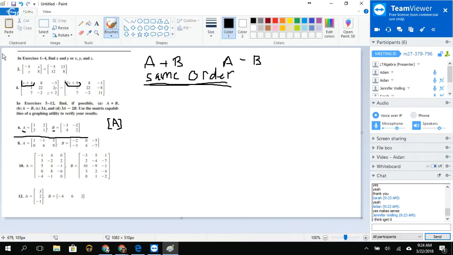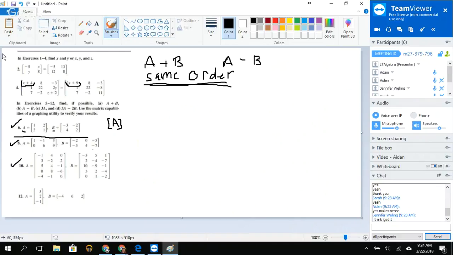If I look down my examples here, number 6, I have a 2 by 2 and a 2 by 2 that I'm adding or subtracting. I can do that, right? In 8, I have a 2 by 3 and a 2 by 3, so I can add and subtract these together. In 10, I have a 5 by 3 and a 5 by 3, so I can add those together.